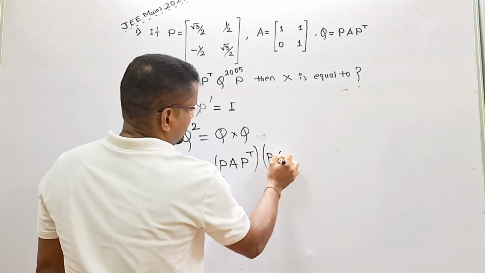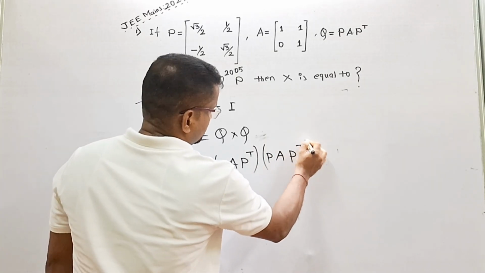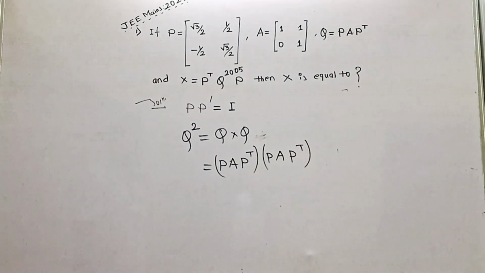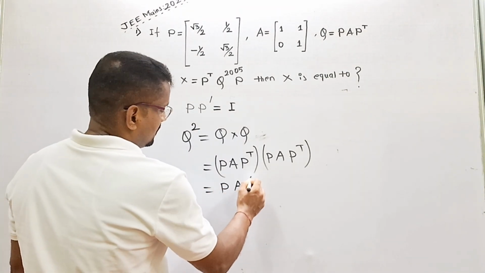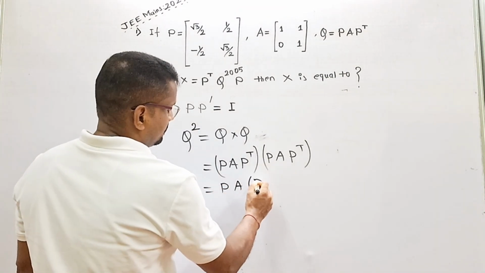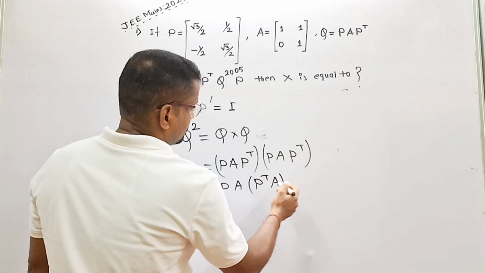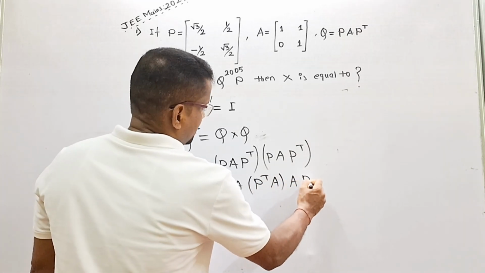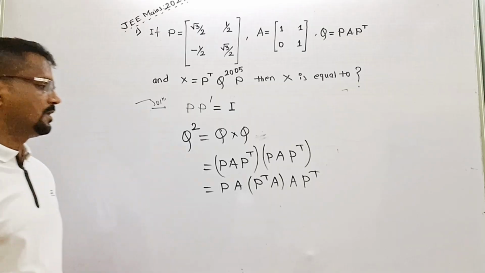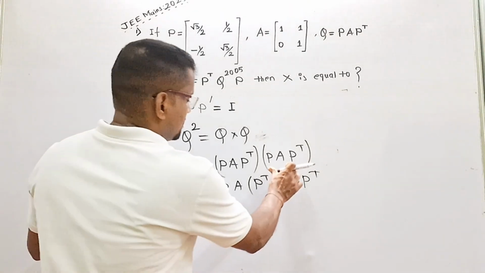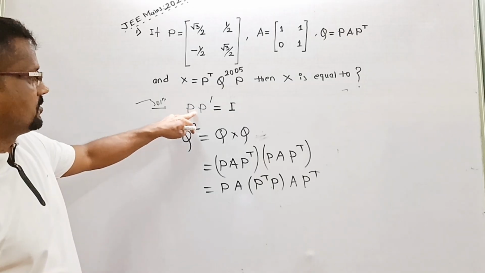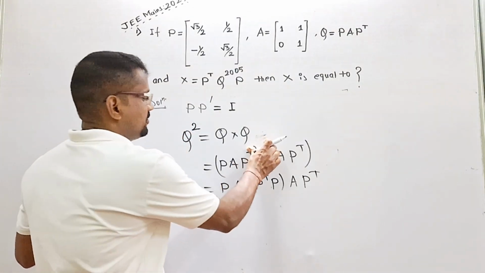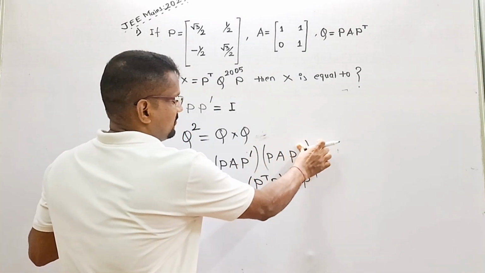Again, P, A, P transpose. Now you see P, A, then P transpose P, and then A, P transpose here. Now we are going to use this result. I have used transpose, but it does not matter, you can use dash here.